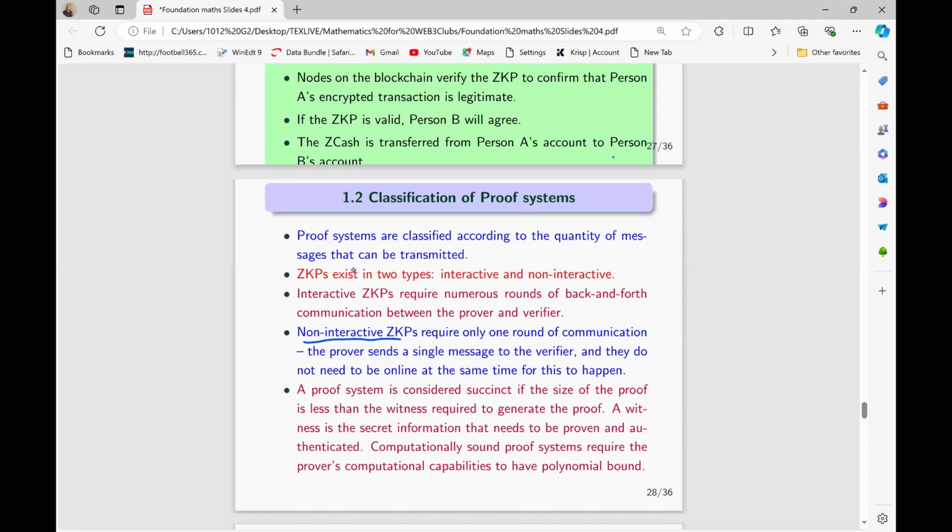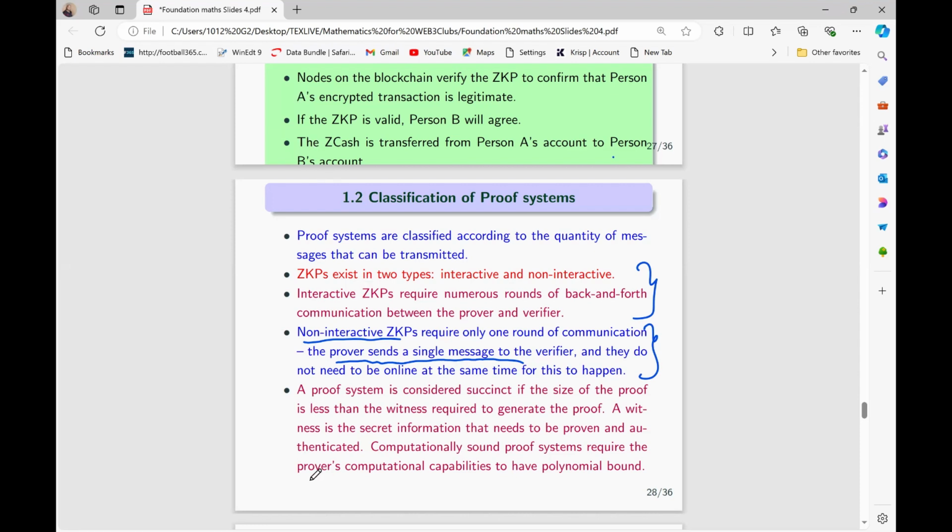But now look at this. The prover only sends a single message to the verifier, and the verifier is convinced by that response. But for the interactive one, the verifier is trying as many questions as possible. These non-interactive proofs are the best zero knowledge proofs for blockchain.